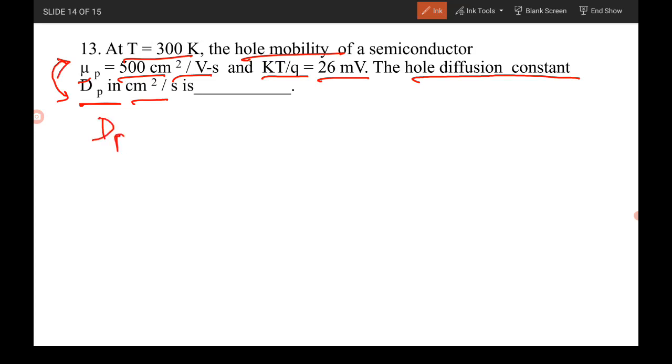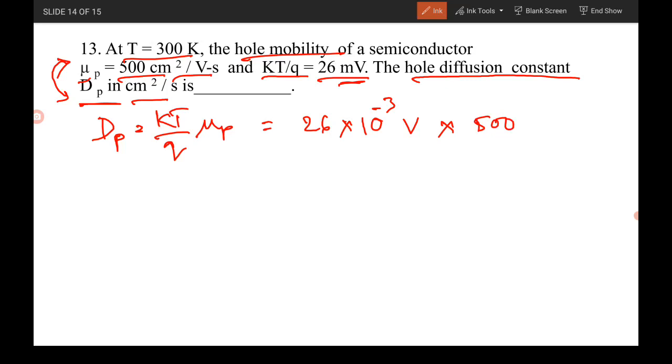Here Dp is equal to kT by Q, that is the thermal voltage, times mu p. So here we can substitute the thermal voltage, which is 26 times 10 to the power minus 3 volts because it is in millivolts, times mu p, which is equal to 500 centimeter square per volt second.